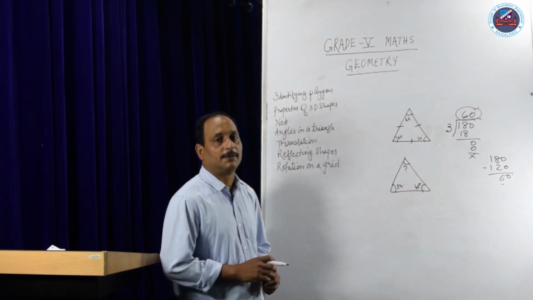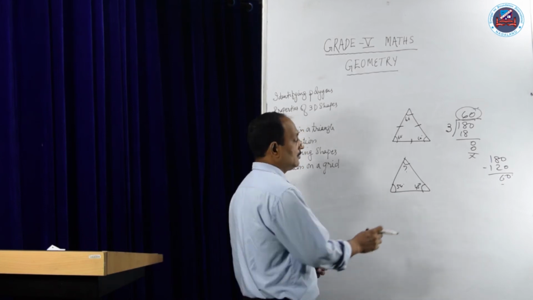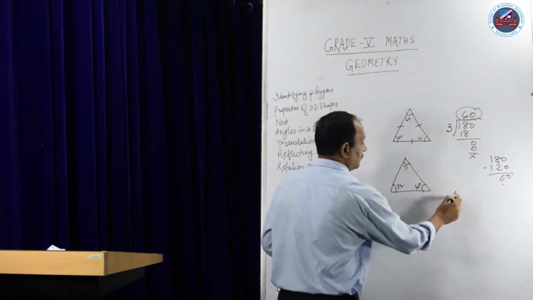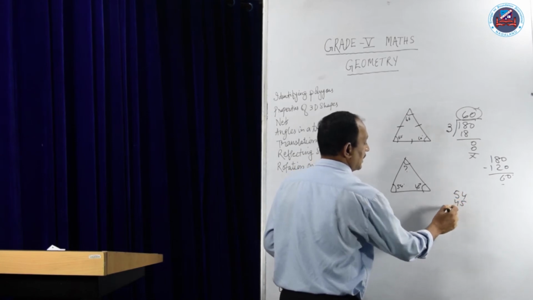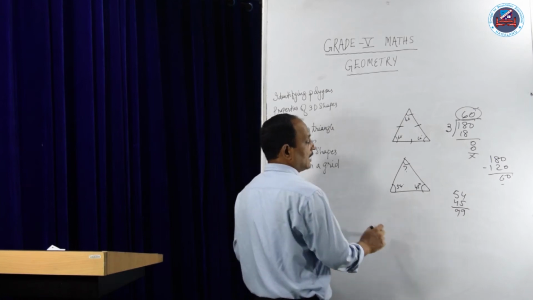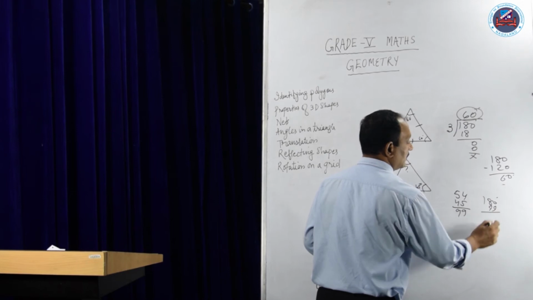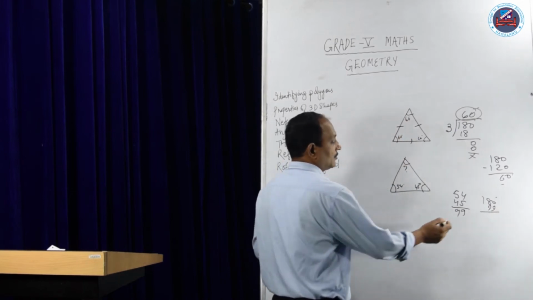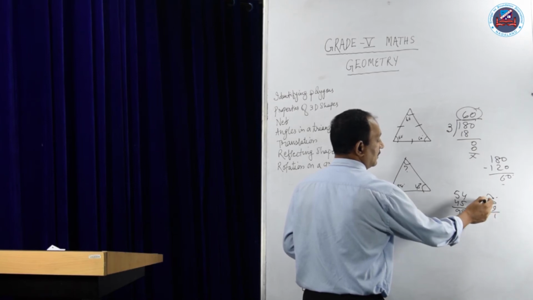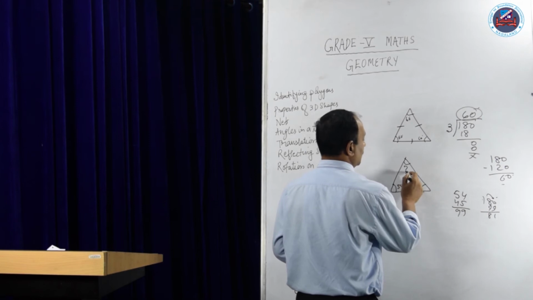How to find out the measure of the third angle? To find the measure of the third angle, we have to add these two angles, that is 54 plus 45, it becomes 99. And now this 99 should be subtracted from 180 degree. 17 minus 9 is 8, that means this is 81 degree.